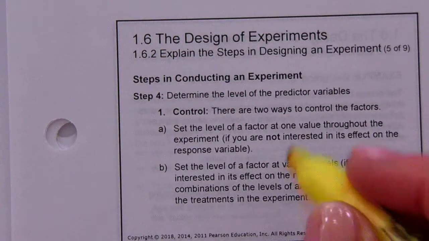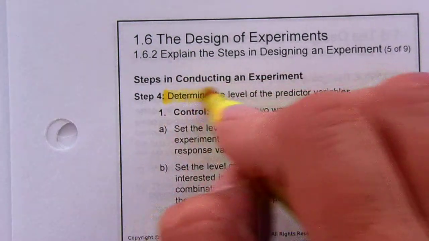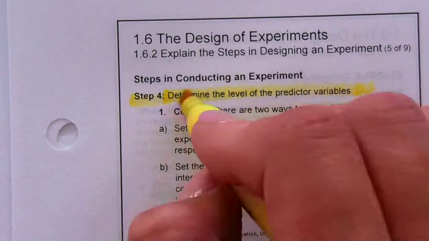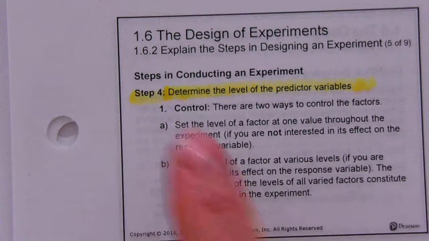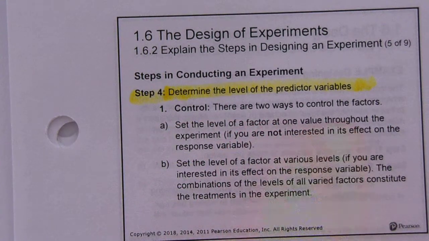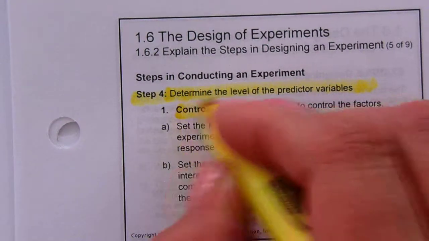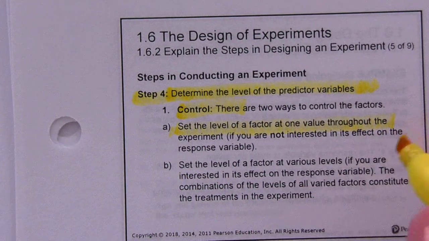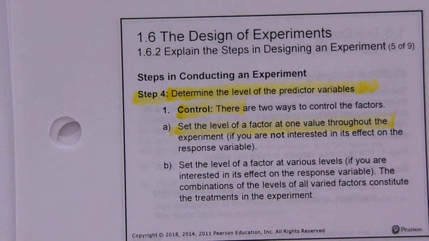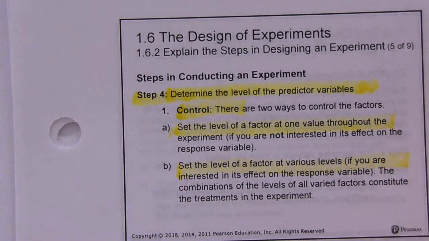Then step 4 is to determine the level of predictor variables. There are 2 ways to control the factors. One is you're going to set the level of the factor at one value throughout the experiment, and then set the level of the factor at various levels.